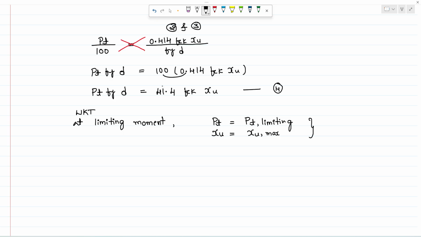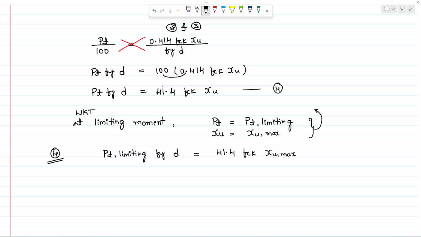So let me substitute these two terms in equation number 4. So your equation 4 becomes pt limiting fy into d equals 41.4 fck Xu max.